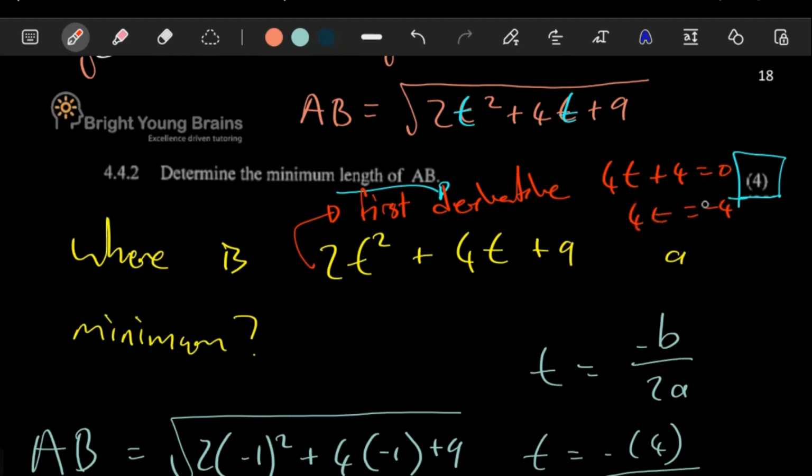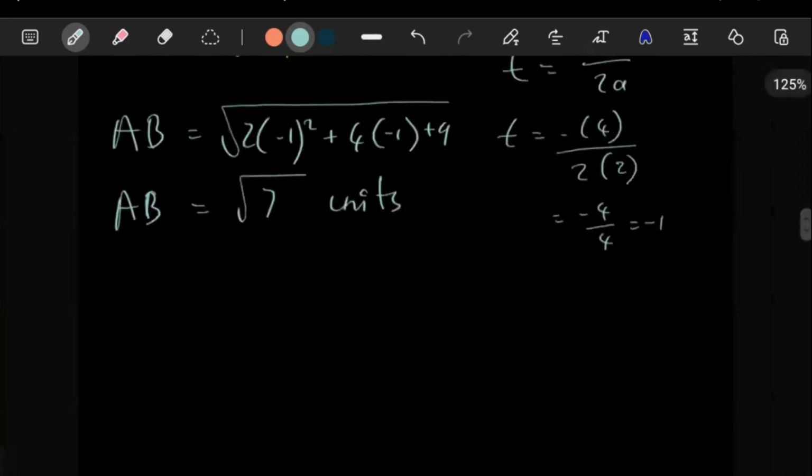The 4 would go there, it becomes a negative. You divide both sides by 4, you get negative 1. So let's just keep on moving forward to question number 5.